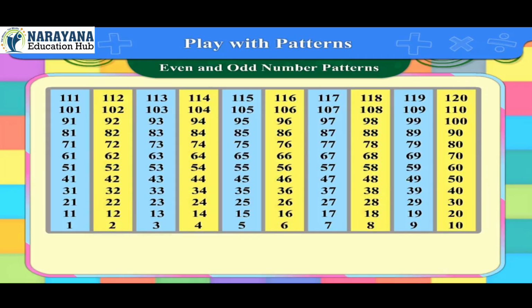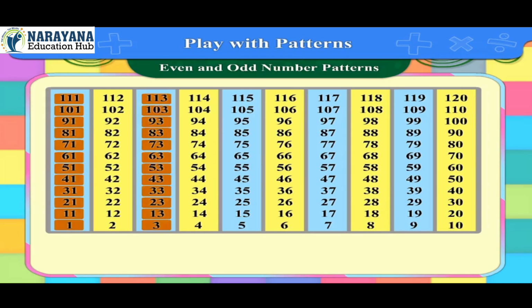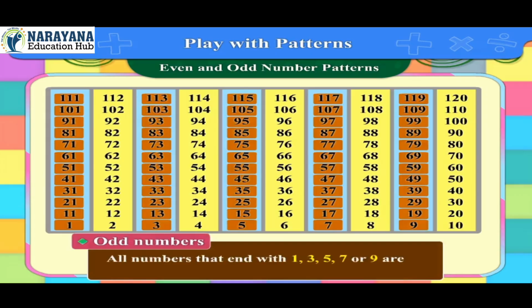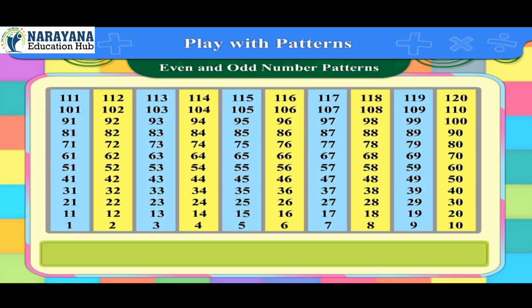Look at the pattern of numbers in blue. Which are the digits in the units place of the numbers given in the blue color? The digits in the units place of these numbers are 1, 3, 5, 7 and 9. Thus, all numbers that end with 1, 3, 5, 7 or 9 are called odd numbers.